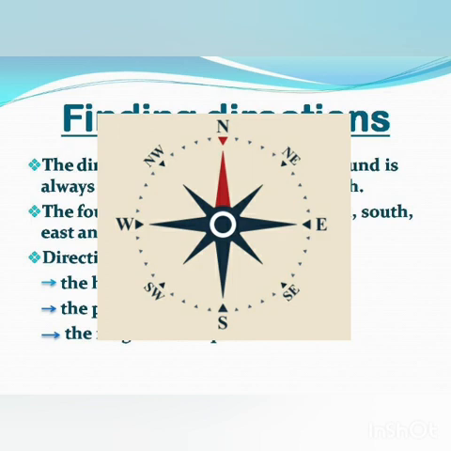Once these four directions are marked, we can easily find the other directions, like the direction between the north and the east is called the northeast, NE. The other three intermediate directions are southeast SE, northwest NW, and southwest SW, as you can see in this image.